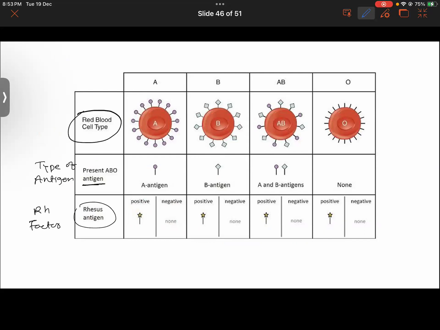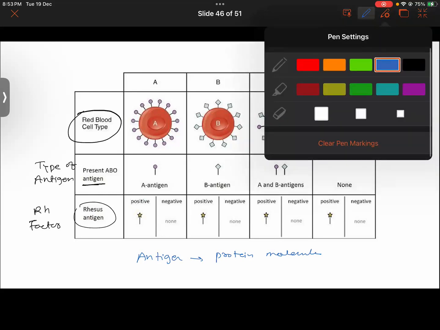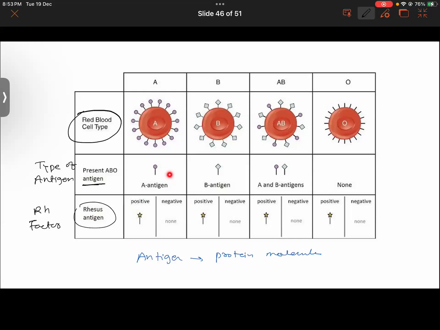I have a doubt. What is an antigen? What does it do? Antigens are protein molecules. But what do they do? Do they perform some function? Here, it's kind of a sign convention that if it is present, we call it like that.